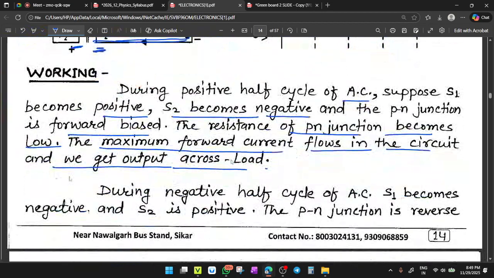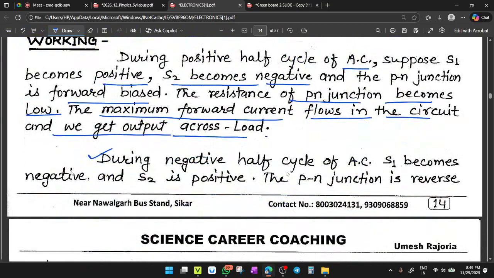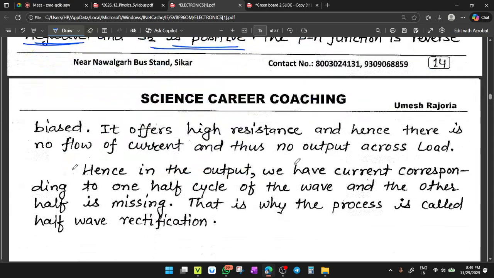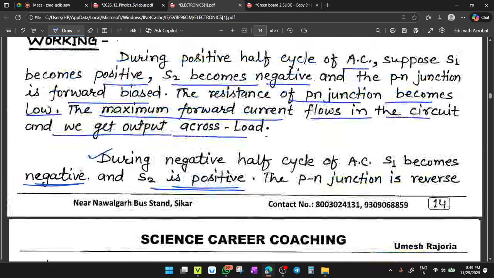Now the next half cycle, during the negative half cycle of the AC supply, this terminal becomes negative and this terminal becomes positive. During the negative half cycle of AC, S1 becomes negative and S2 becomes positive. The PN junction is now reverse bias. It offers a high resistance, hence there is no flow of current and thus no output across the load.